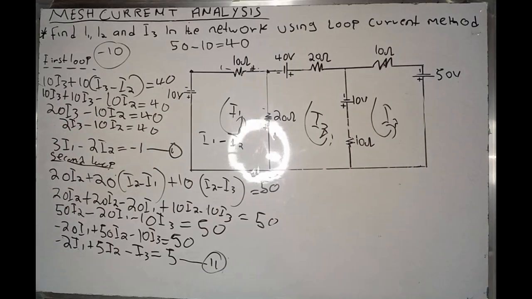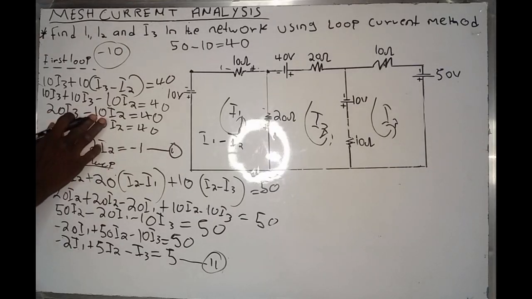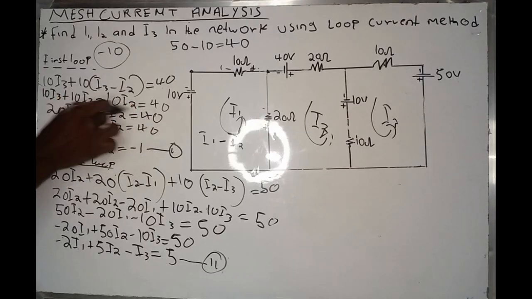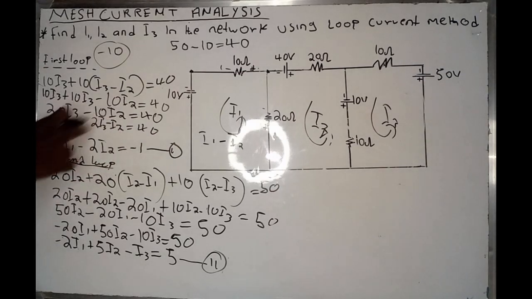But we have to rearrange it. Because we divide both sides by 10, the 10 will go. We're having only I2 with 1. So 2 I3 minus. If we rearrange it, I1 comes first, so I1 is 0, then I2 comes next.